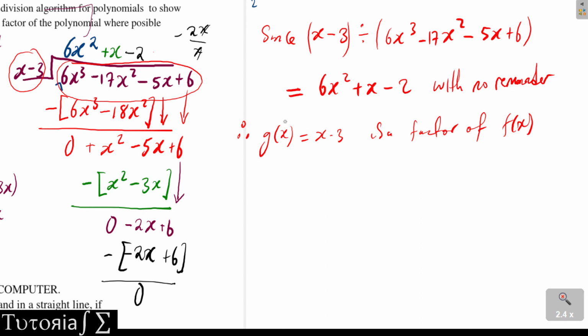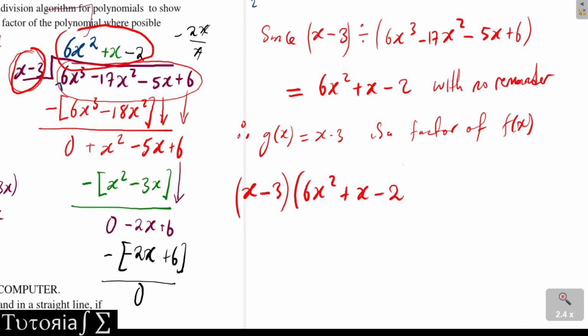And basically, if we multiply x minus 3 by 6x squared plus x minus 2, what we're going to get is what is inside here, which is just equal to f of x. So basically, that is the first part of the solution.